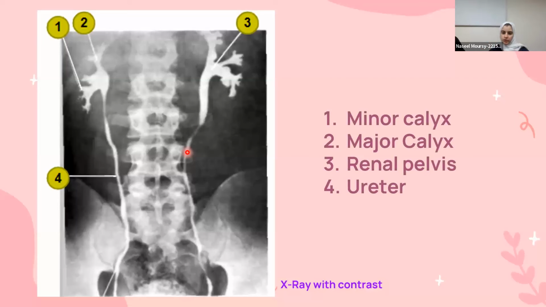So these are the labels: minor and major calyces, renal pelvis, and ureter. Do you guys have any questions about the anatomy of the ureter? No? Okay, we'll move on to histology.